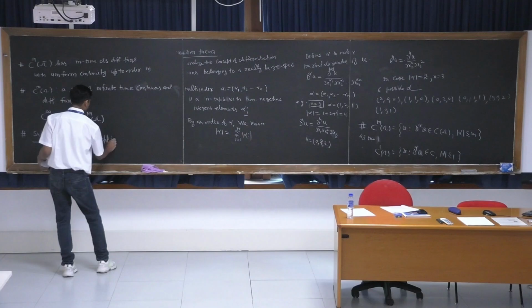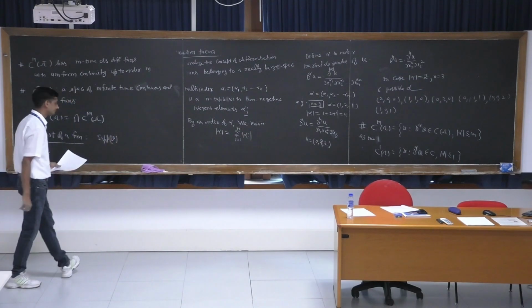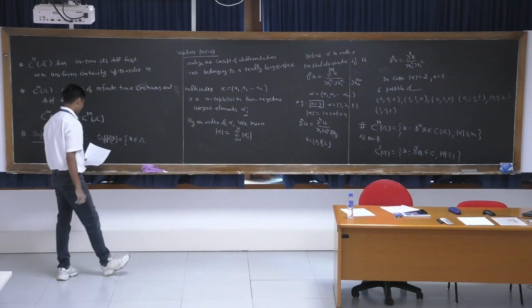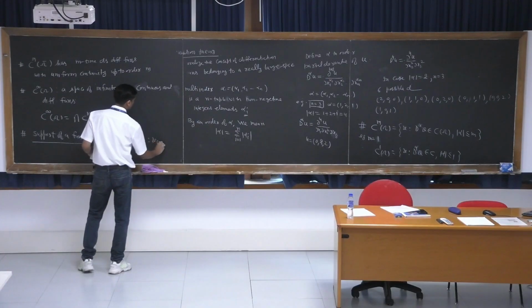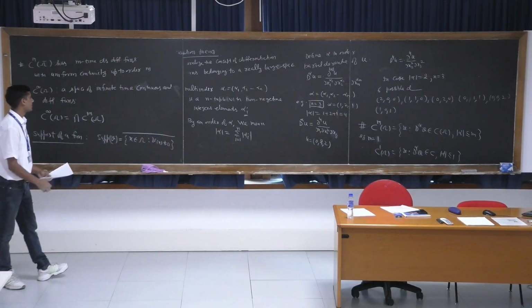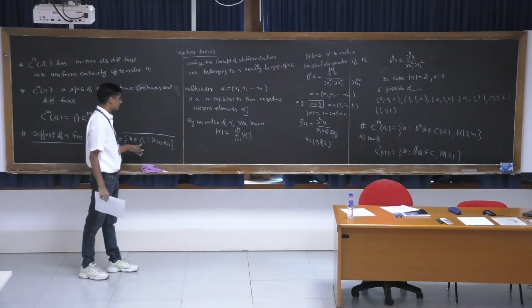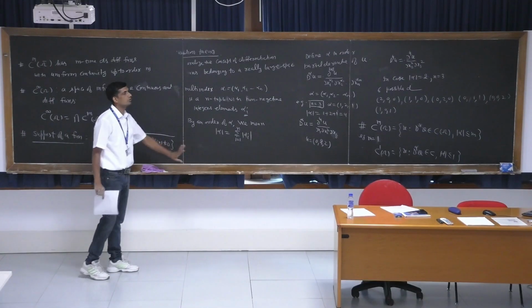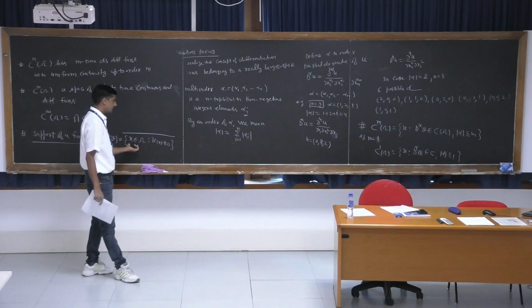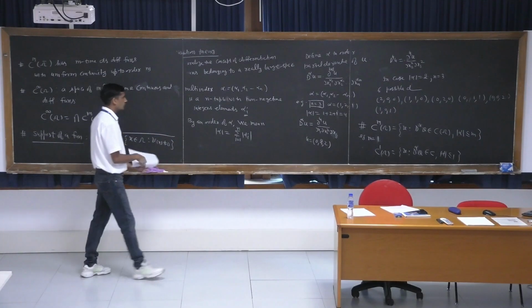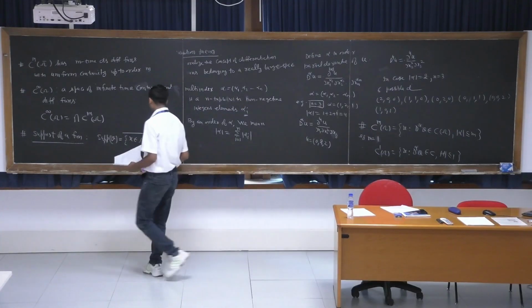Support of V means the set of elements of omega where this function V is not equal to 0, and the closure of that set. This is the support of V.